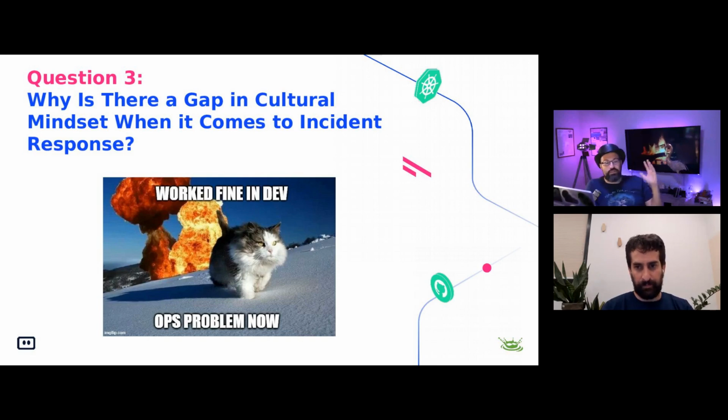And the developers are, in the worst case, not there, in the best case there, but powerless or helpless to participate in the process. So we made very good steps in DevOps when it comes to deploying new code, but in a lot of places we're still in the old ways when it comes to incident response. And the question is, why?